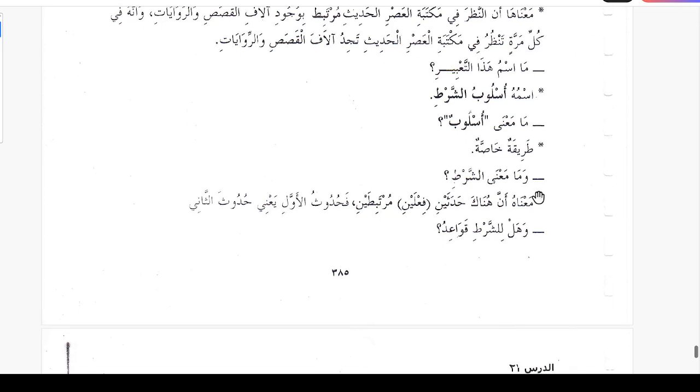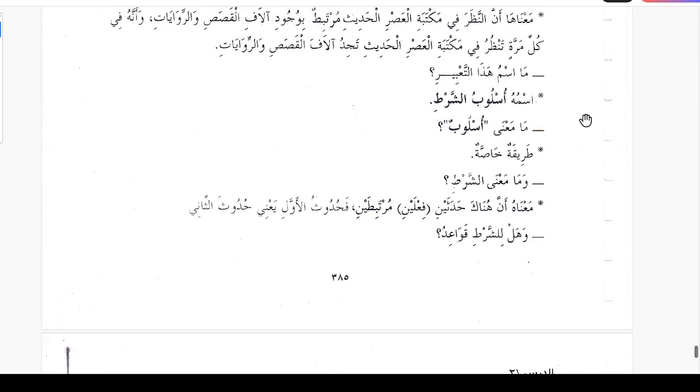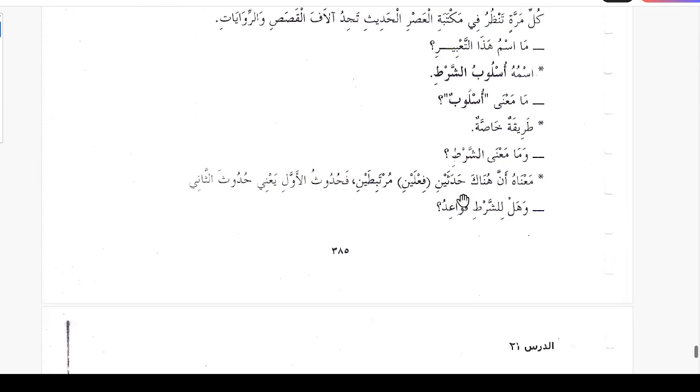Uslub means the style, which means some special method, some special style or way. Ma ma'na shart? What is the meaning of shart? Ma'nahu anna hunaka hadathayn.